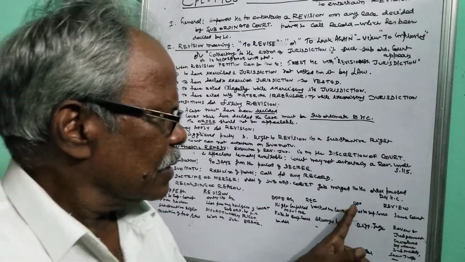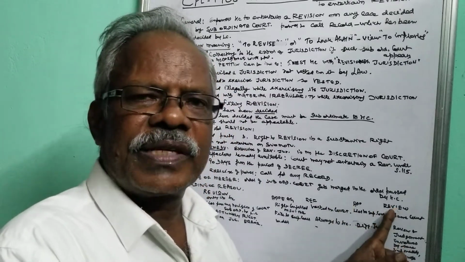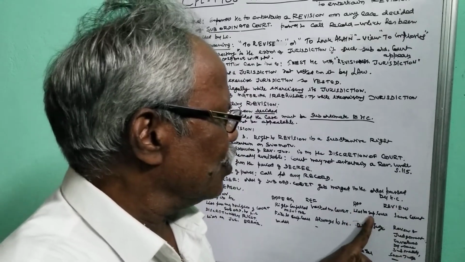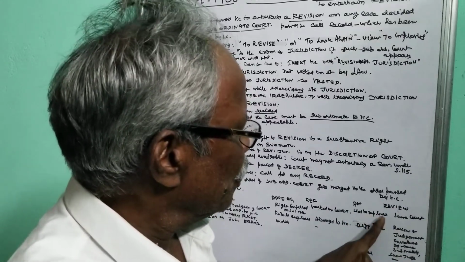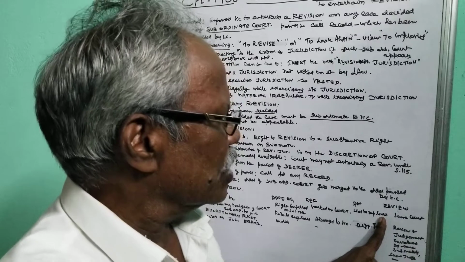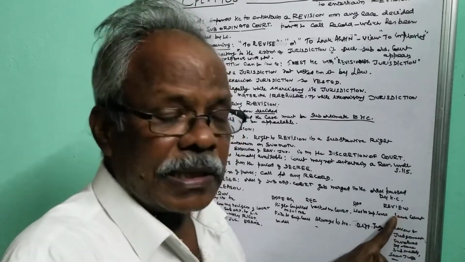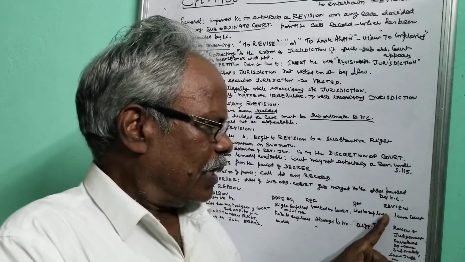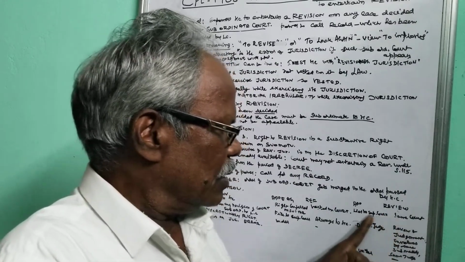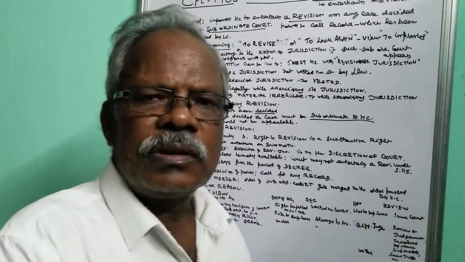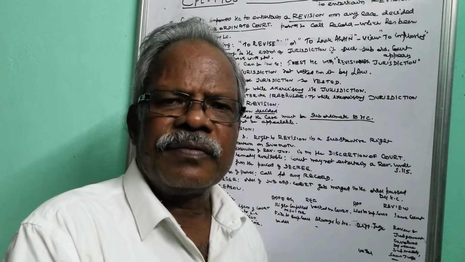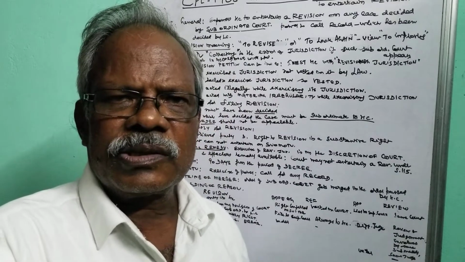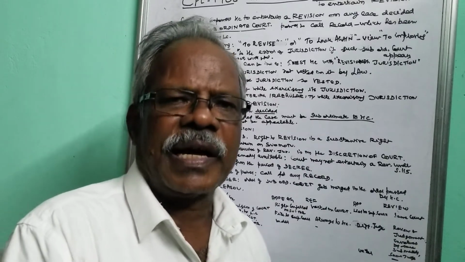And then the difference between appeal and review. Appeal lies to a superior court than the one where the decree was made. So the appeal lies always with the higher court.